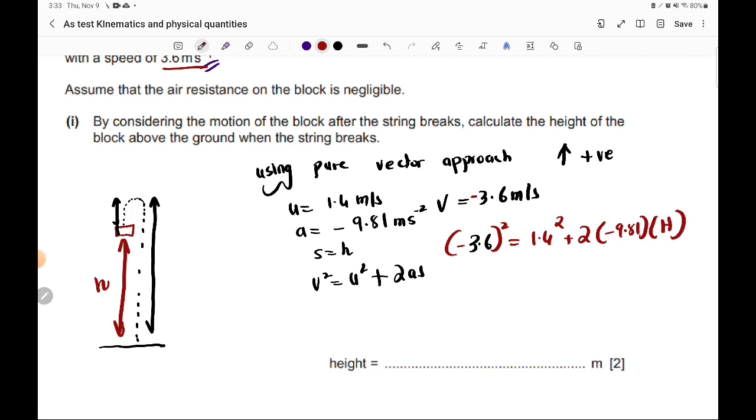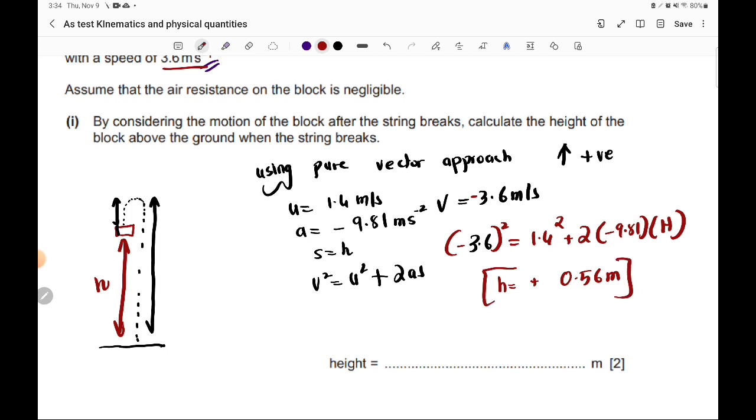This is going to be 3.6 squared minus 1.4 squared, divided by 2 times 9.81, keeping the denominator in complete brackets. The value of h that I'm getting is positive 0.56 meters. So this is one way to approach this question.